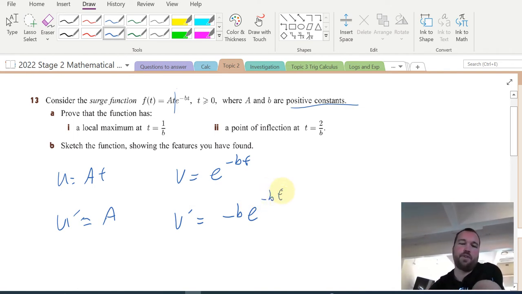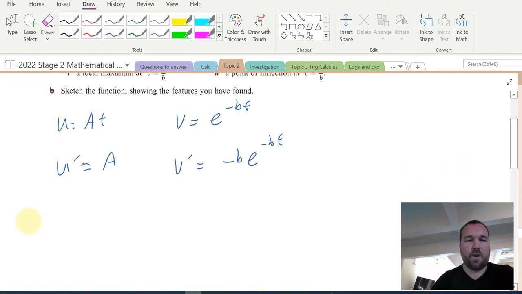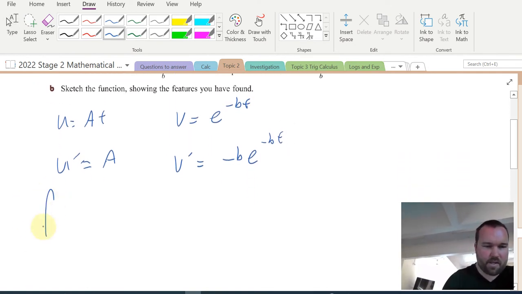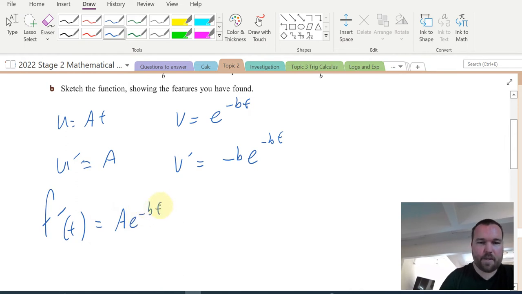You take the derivative of the top function, which is minus bt, bring it down, which makes it minus b, and then e to anything just stays the same. Alright, so therefore, f dash t is equal to u dash v, so a e to the minus bt, plus v dash u. So v dash is minus b e to the minus bt, and a t.